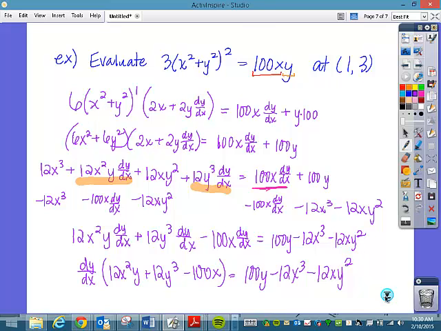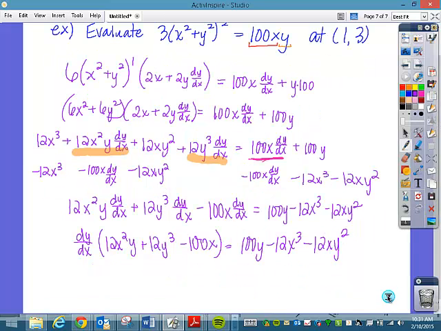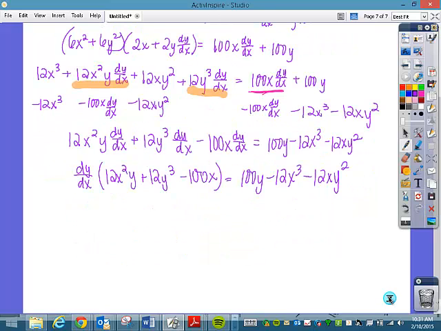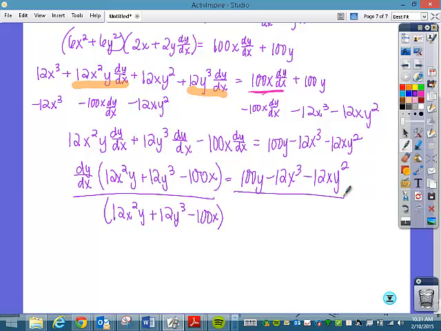And then the very last thing I need to do is divide everything by 12x squared y plus 12y cubed minus 100x. And then my very last thing is, I hope you notice that 12 and 100 are all multiples of 4.